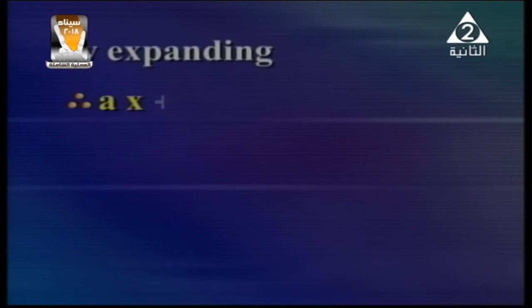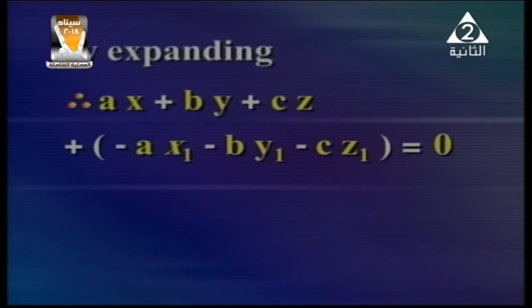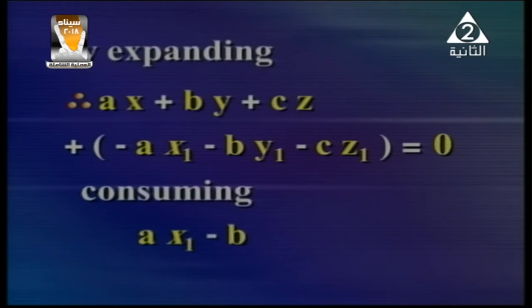By expanding, we find the equation in the form ax plus by plus cz plus the bracket negative ax1 minus by1 minus cz1 equals 0, assuming negative ax1 negative by1 negative cz1 equals d.